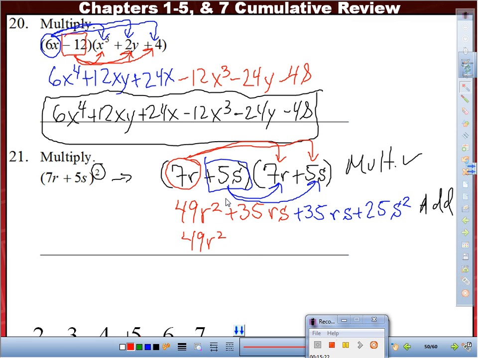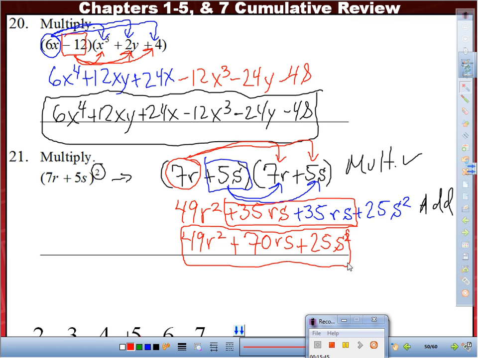So now, can we combine these? Yeah, they have the exact same variables, exact same exponents. So what do we have? This becomes 70rs. And then you bring down plus the 25s squared.